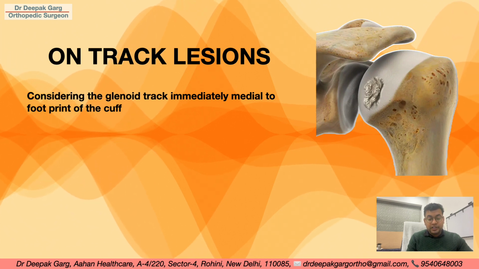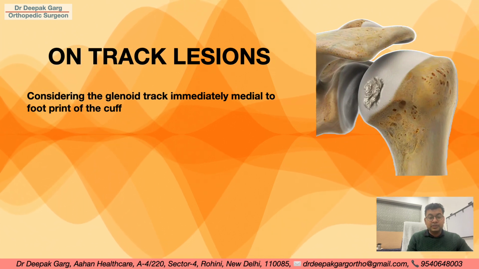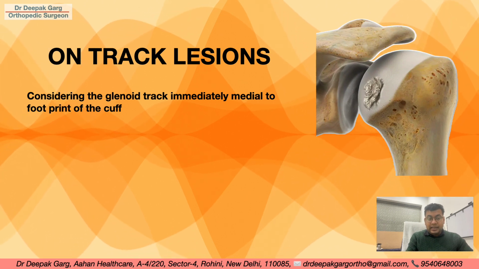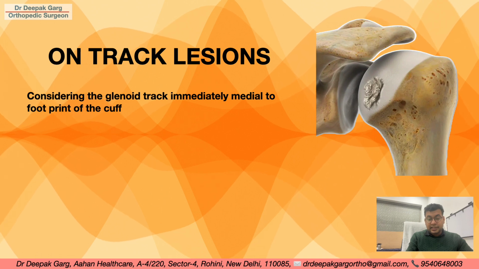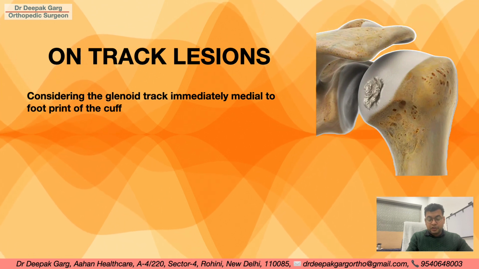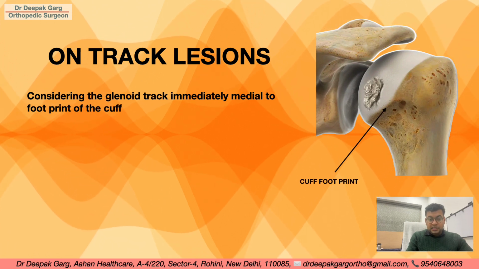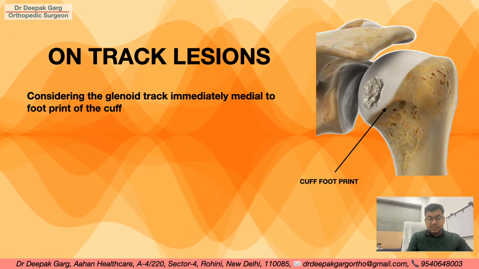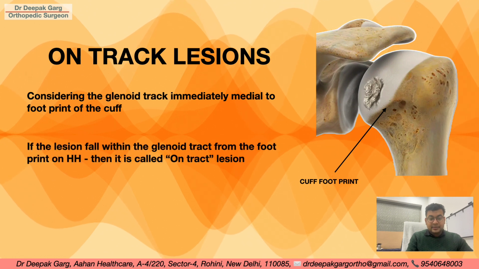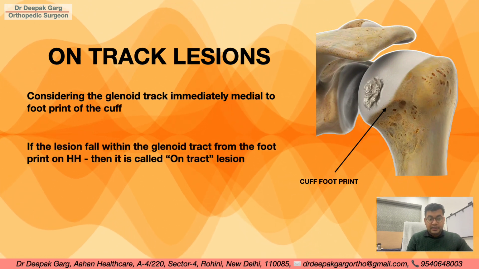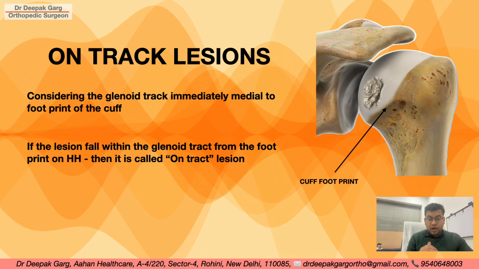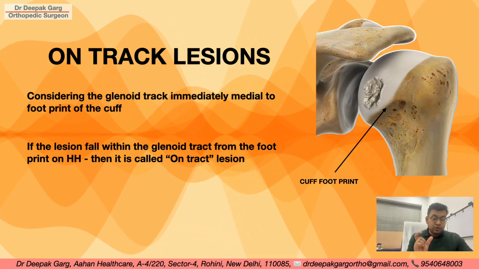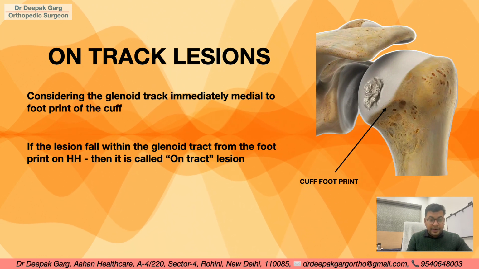CD is the amount of glenoid track, say maybe 2 or 2.5 centimeters. So we draw a line considering the glenoid track immediately medial to the footprint, where the rotator cuff muscles attach, and from the footprint we calculate the amount of the humeral head in contact with the glenoid.